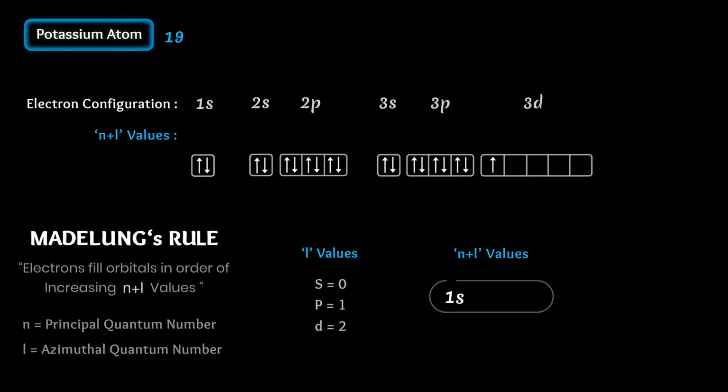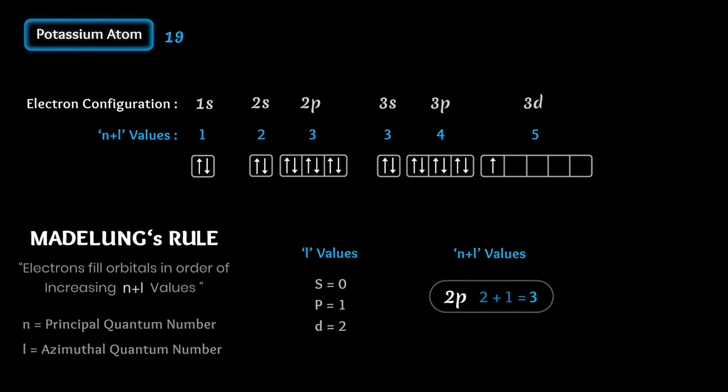So for the 1s orbital, n is equal to 1 and l is equal to 0, giving an n plus l value of 1. For 2s, the value is 2. For 2p, n is equal to 2, l is equal to 1, so the value is 3. Similarly, for 3s, 3p, and 3d, the n plus l values are 3, 4, and 5 respectively.